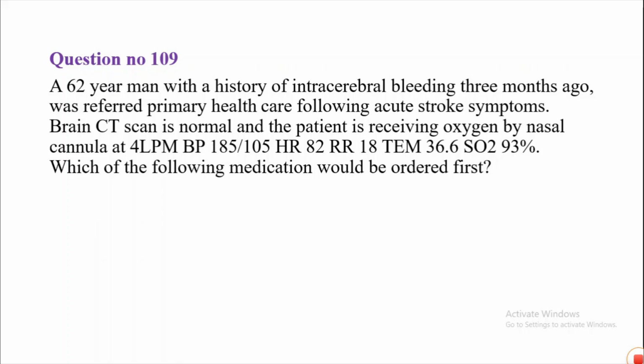Blood pressure 185 over 105, heart rate 82, respiratory rate 18, temperature 36.6, SO2 93%. Which of the following medications will be ordered first? The options are number A, RTPA, number B, aspirin, number C, dopamine, number D, nicardipine.